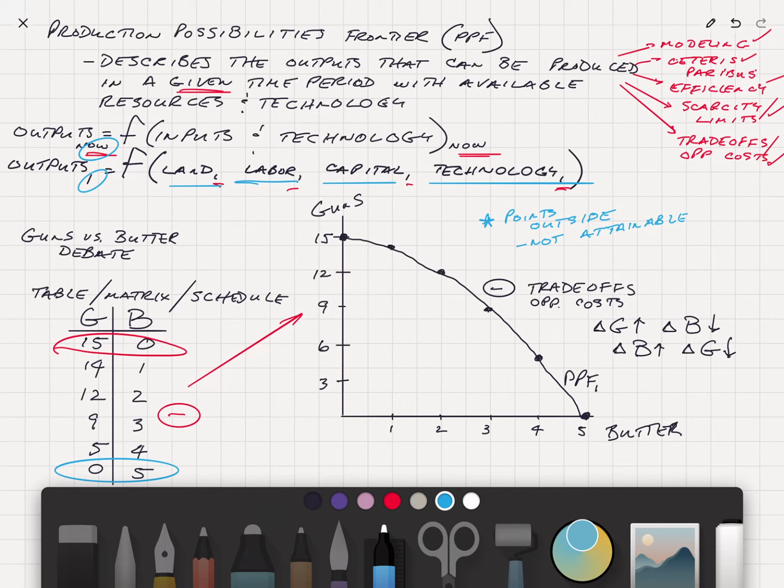Notice what else happens here. I'll go with purple and I'll put a point inside at 1 and 9. And what do the points inside the curve mean? These are inefficient. How do you know?